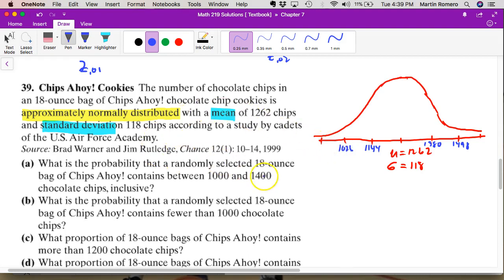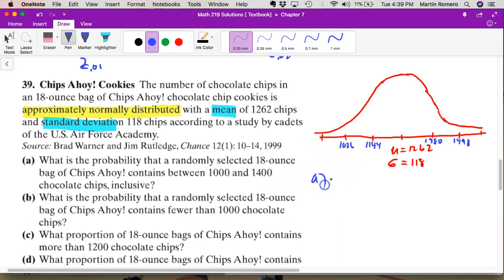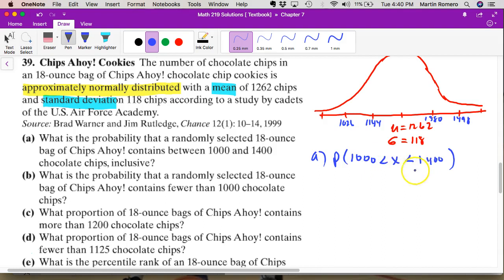And so on this first problem, for part A, the probability that a randomly selected 18-ounce bag has chips, there's my value, between 1,000 and 1,400. I can now answer, because remember, most of the bags have chips around 1,262, but some have down to 1,000 and some have up to 1,400, 1,500. So we're looking for the probability of a randomly selected bag having this amount of chips.